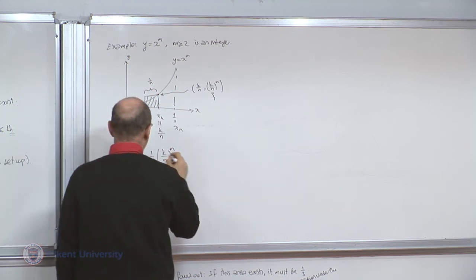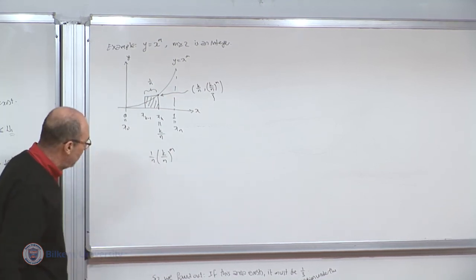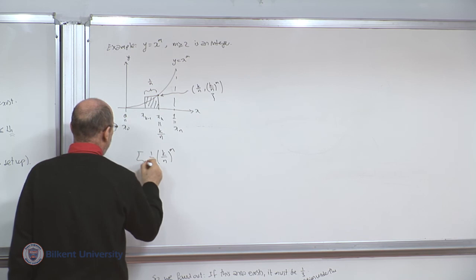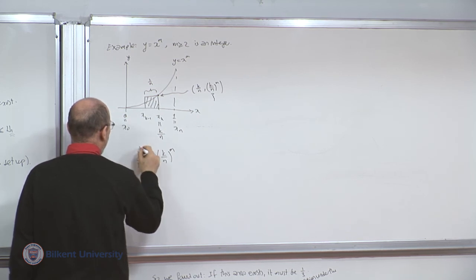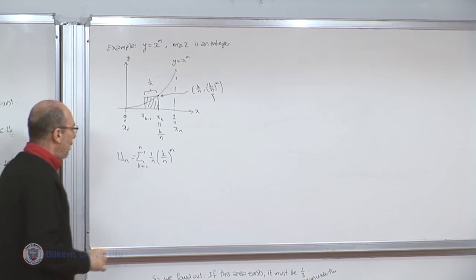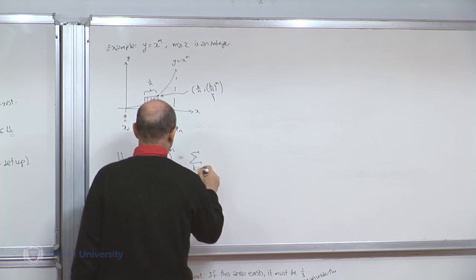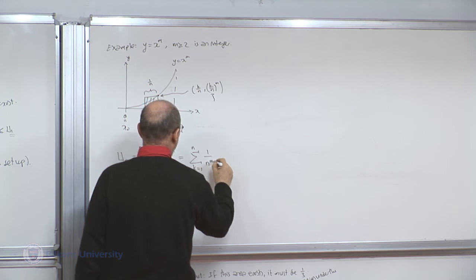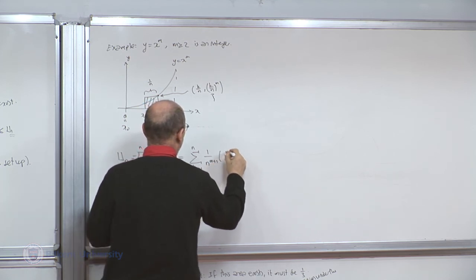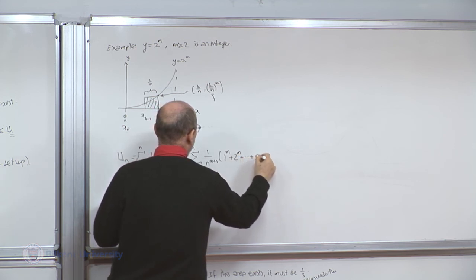I add up these things with the summation from k equals 1 to n. This is my upper Riemann sum. I can simplify this: it is 1 over n to the power m plus 1, times 1 to the power m plus 2 to the power m plus up to n to the power m.